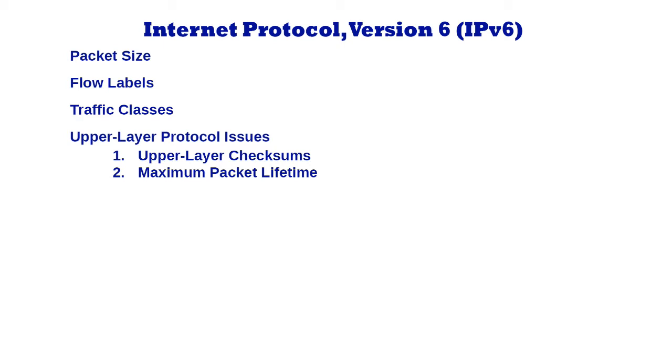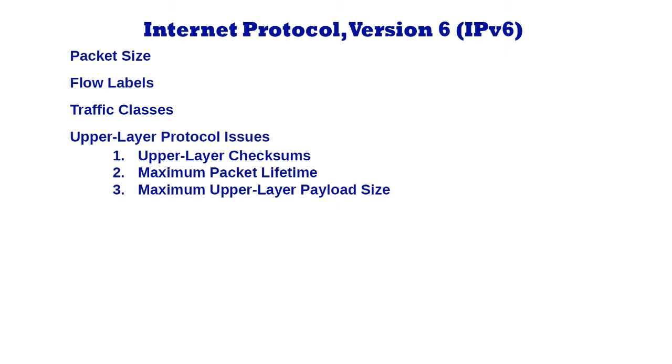Any upper layer protocol that relies on the internet layer, whether IPv4 or IPv6, to limit packet lifetime ought to be upgraded to provide its own mechanisms for detecting and discarding obsolete packets.